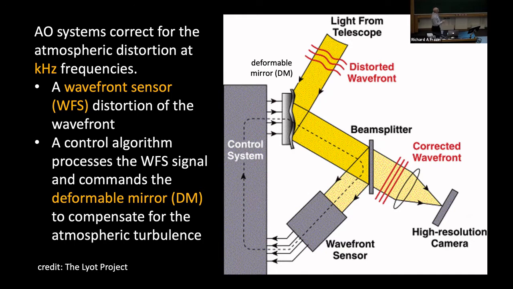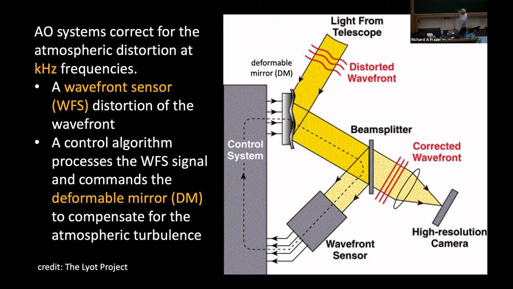But there's going to be a frame delay because you have to collect the photons in the wavefront sensor, and then you have to do some computation, and that takes about 2 milliseconds. So even though the update is every millisecond, you have a frame delay of 2 milliseconds, so you're always correcting old turbulence. And so what that means is you're never going to get a perfect correction due to this delay.